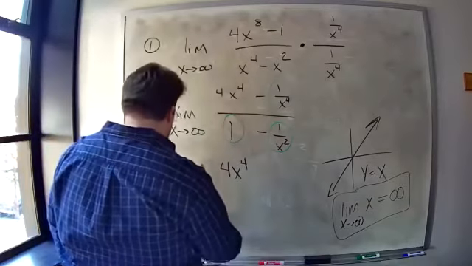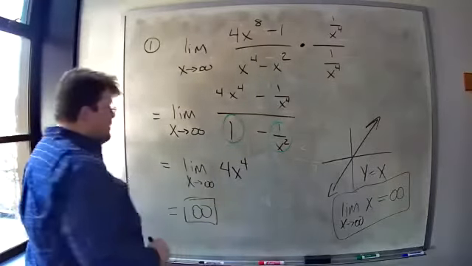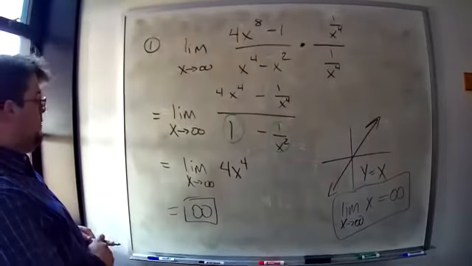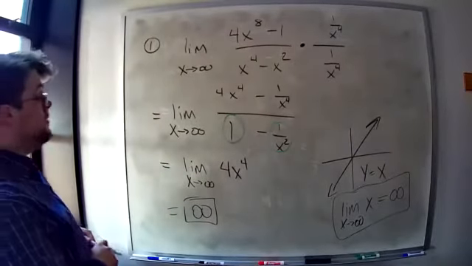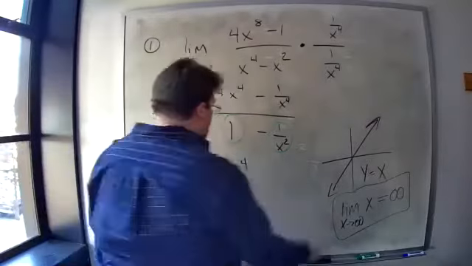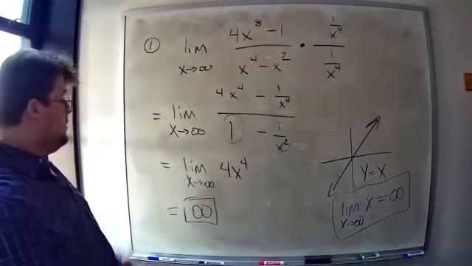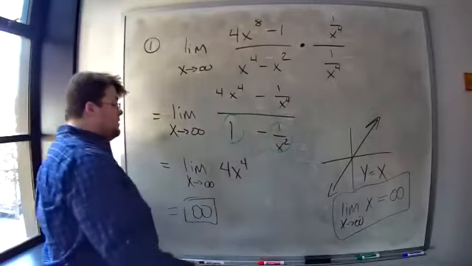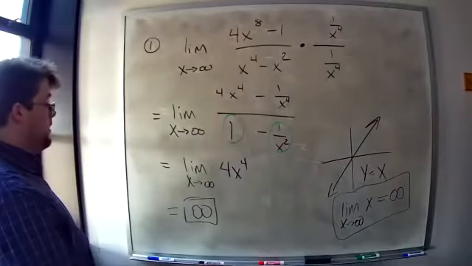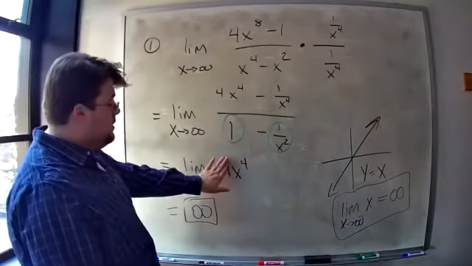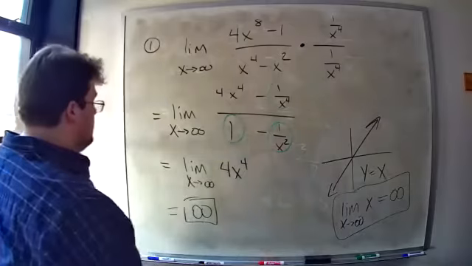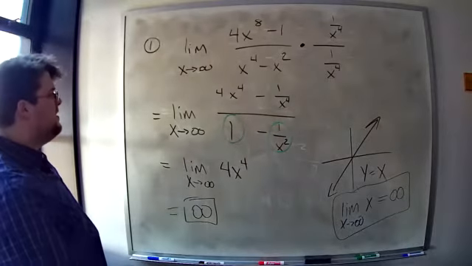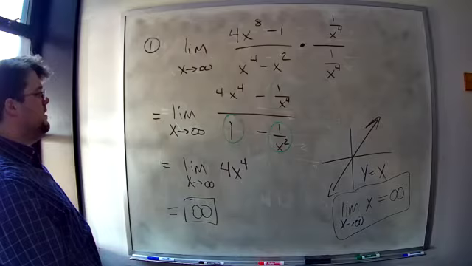Either way, this limit would be positive infinity. Either way you want to reach that conclusion, by making this observation and applying some algebraic limit laws, or by looking at this equation and saying, as x gets larger, that gets larger, so multiplying it by 4 also gets larger. Any questions about this one?